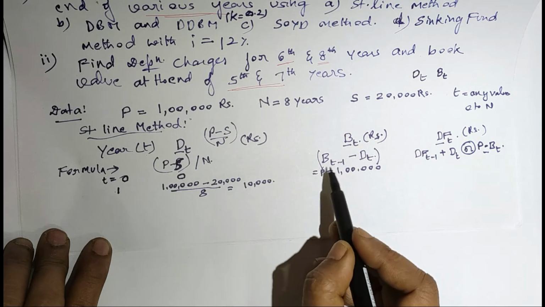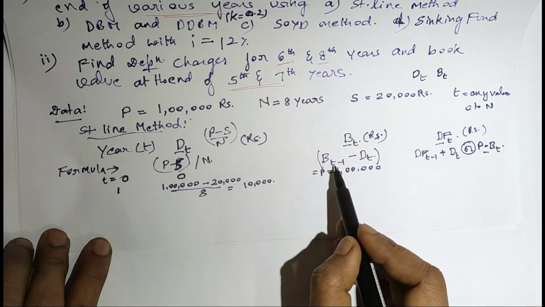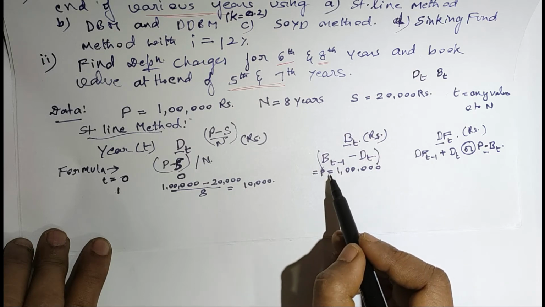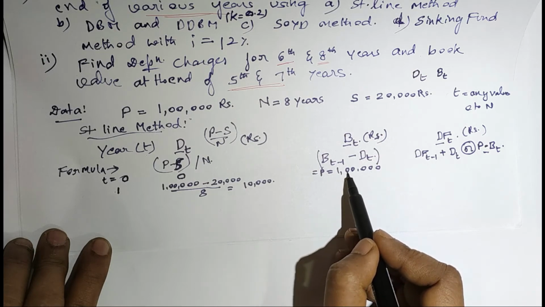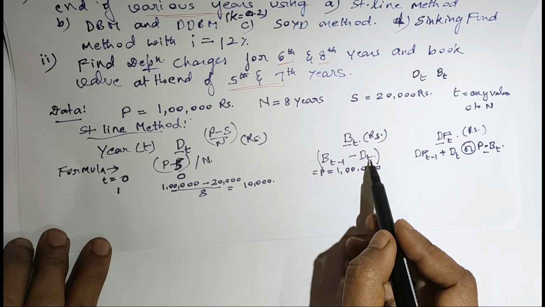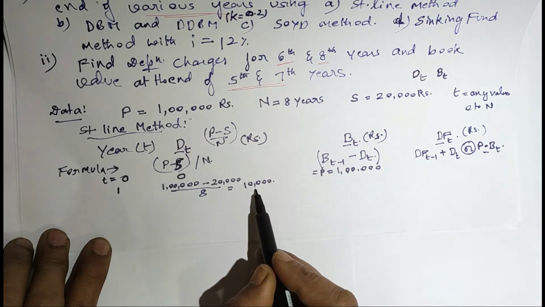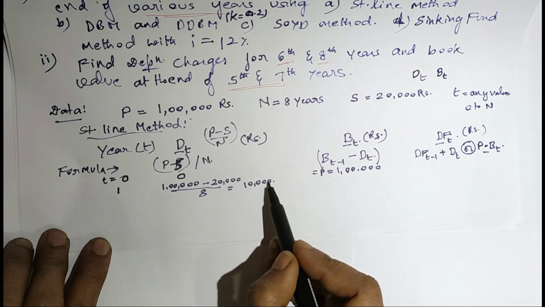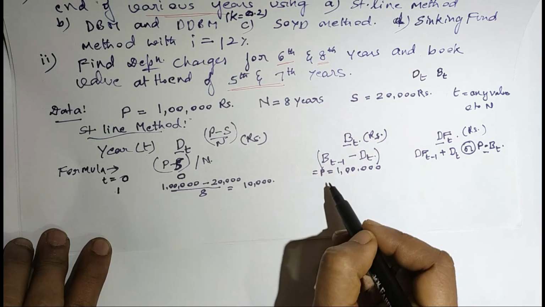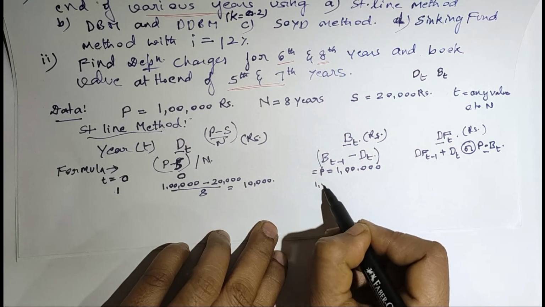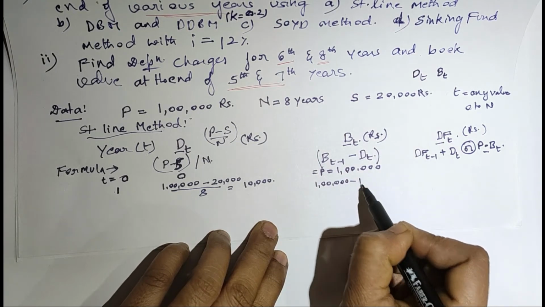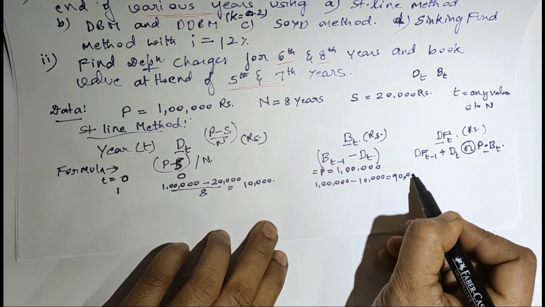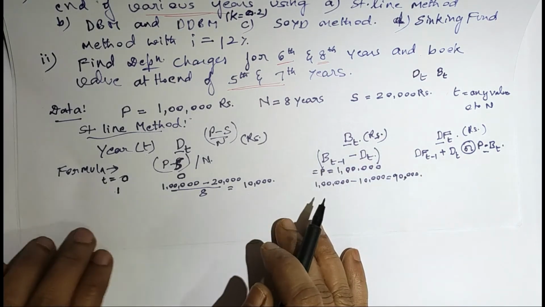That means T is 1 now, so B(1 minus 1), that is B0, the previous book value, 1 lakh, minus D at the end of the first year. B at the end of the 0th year minus D. Every time it is like this. So 1 lakh minus 10,000 is 90,000. This we will write later.